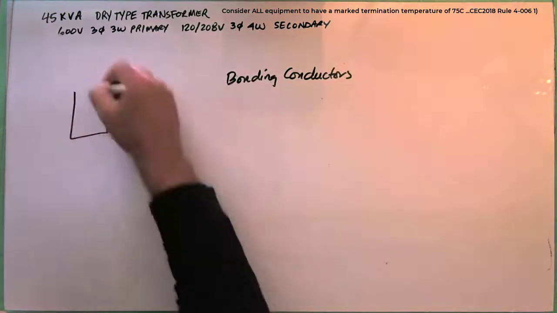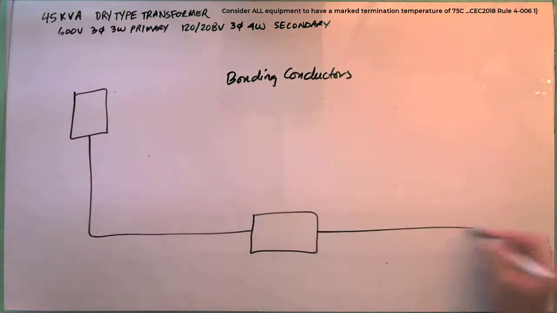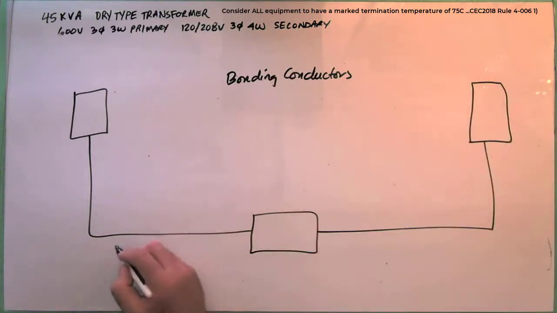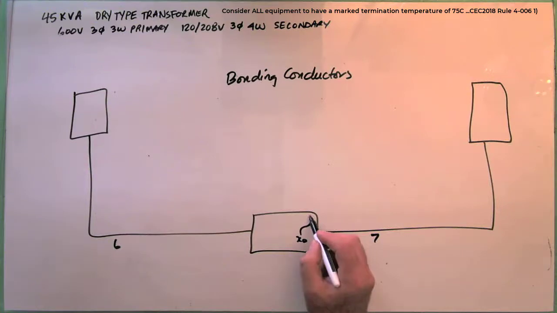So I'm just going to go like this. I'm going to do a transformer like this. I think when you look at your chart there, this is 6, this is 7, and then they want you to bond the XO of a transformer. Now, with transformers, the new rule for this code book is you don't have to ground them anymore.